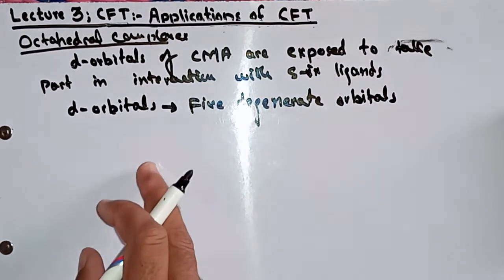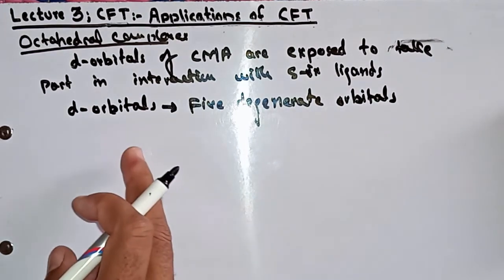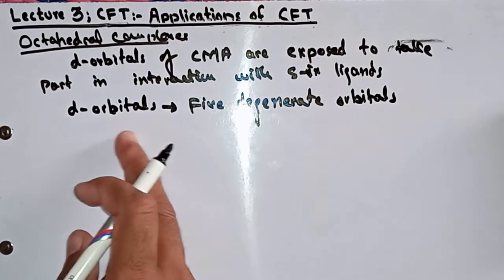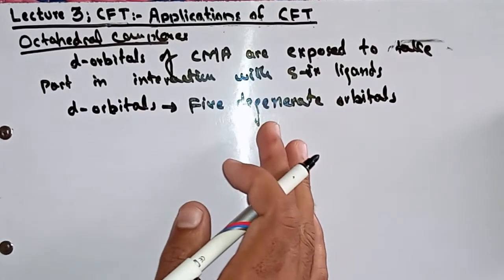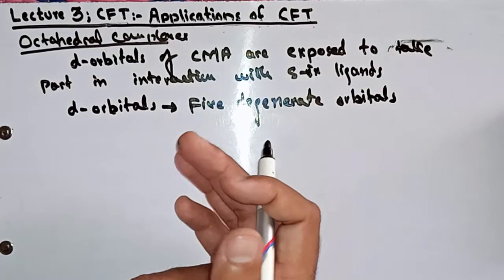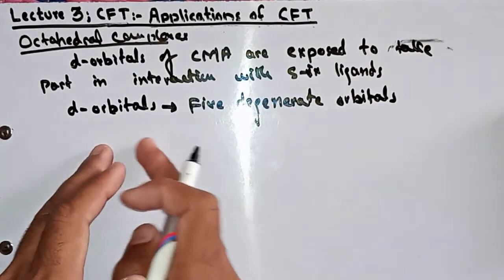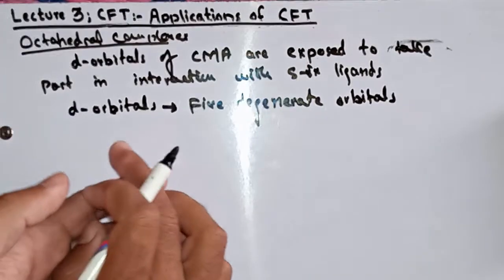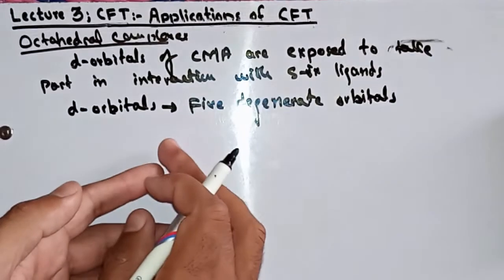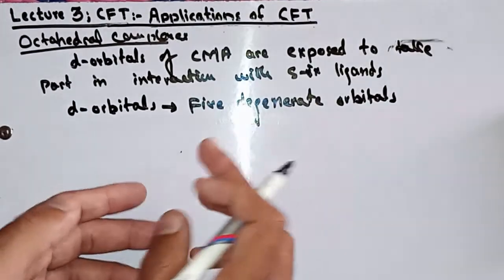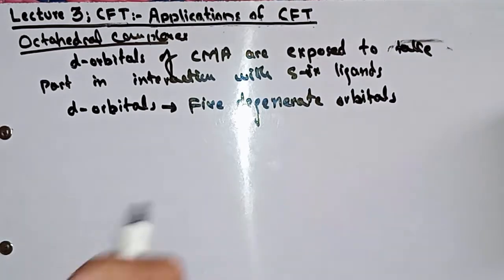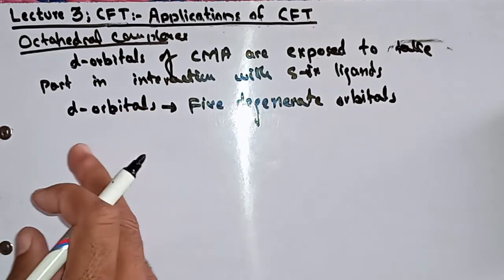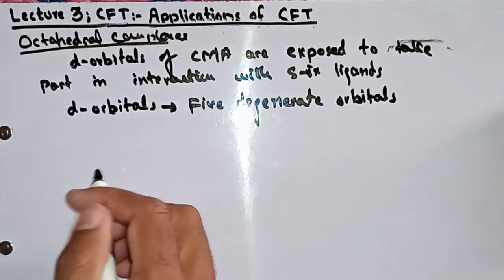One of my classmates told me that in octahedral complexes there are 5 degenerate d orbitals but 6 ligands, so one ligand is in excess and one d orbital is less efficient, because they are not equal in number. I already clarified this concept when explaining, and I am clarifying the same problem for you.